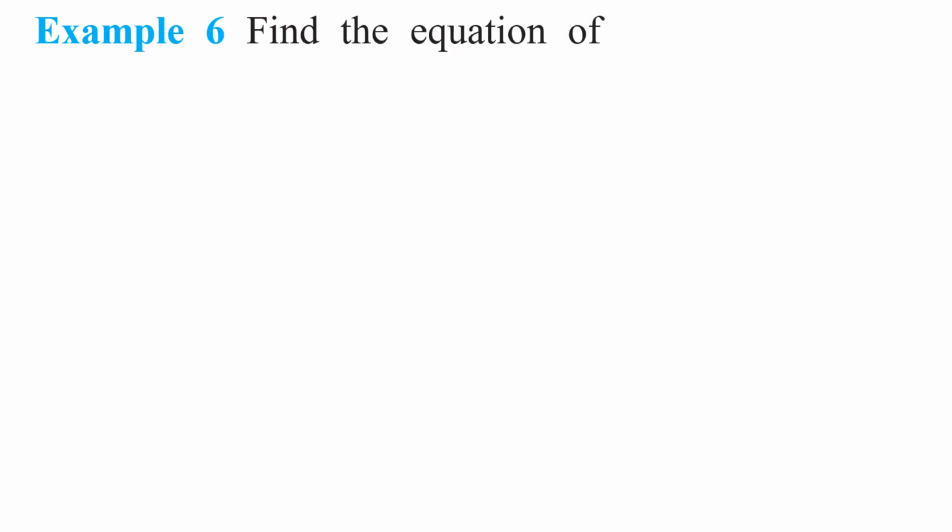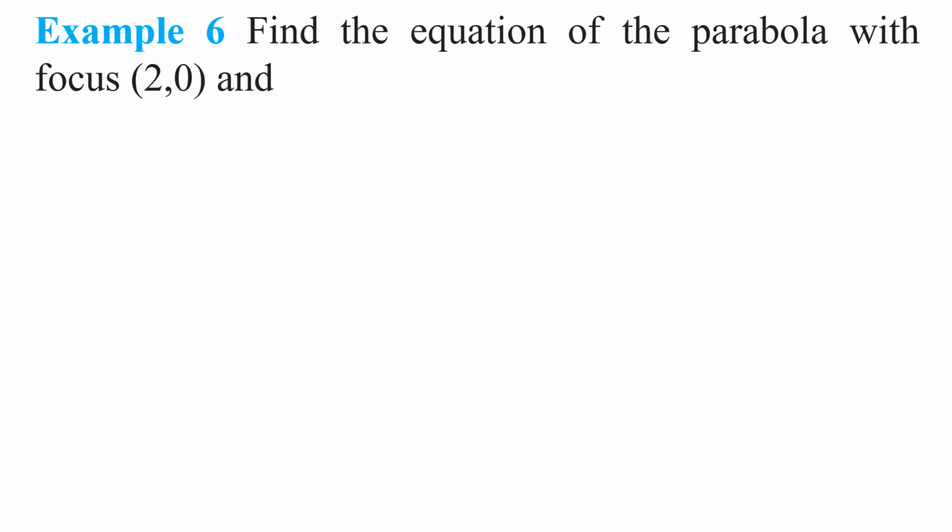Okay, my dear children. Find the equation of the parabola with the focus at the ordered pair (2, 0) and directrix x is equal to -2. Understood this question, my children? Here in this question, the focus and directrix of the parabola are given. In the previous question, we were given the equation of the parabola.